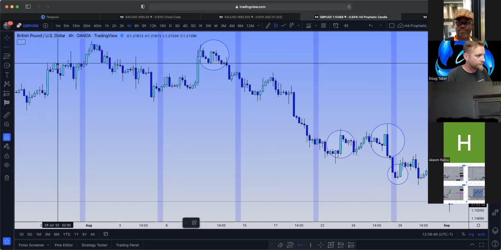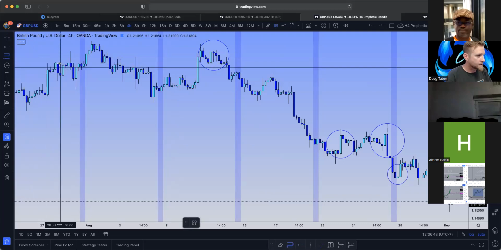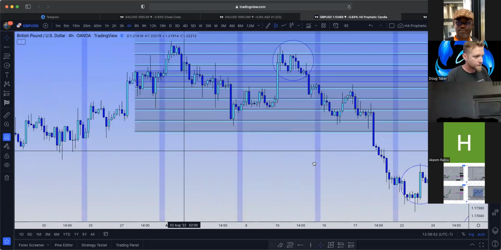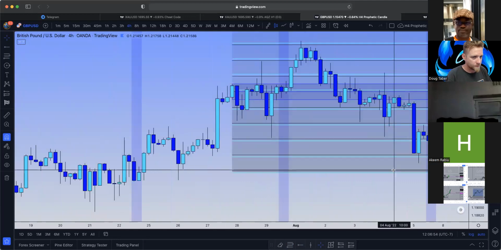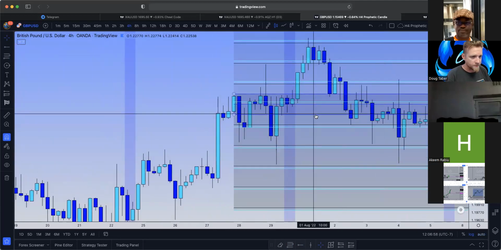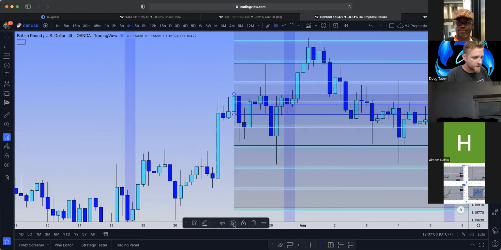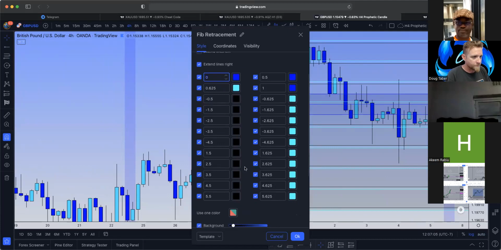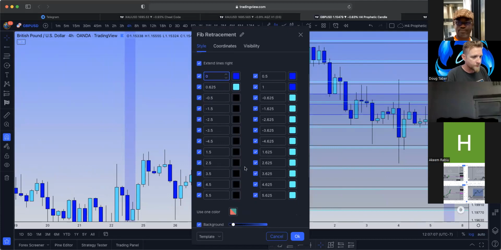So a bearish engulfing, once it confirms, these are the custom fibs that I use for my setup.